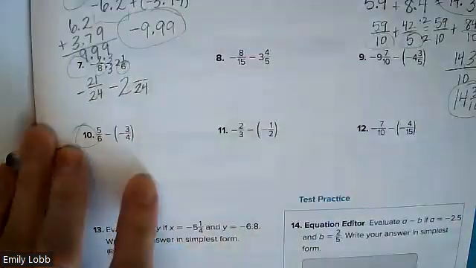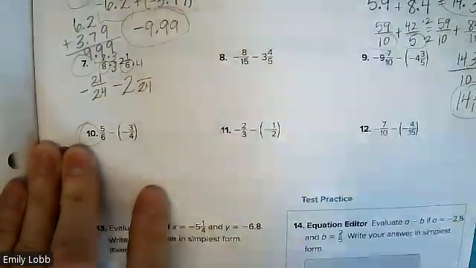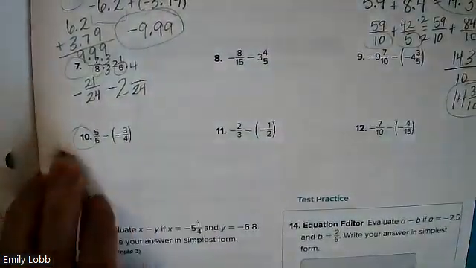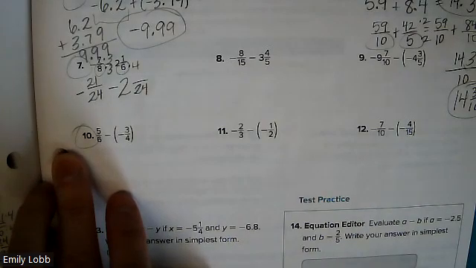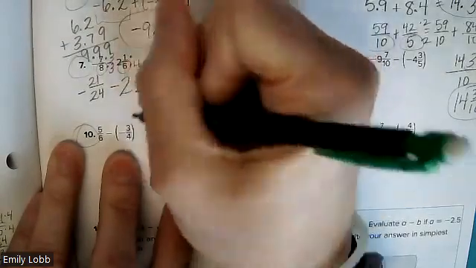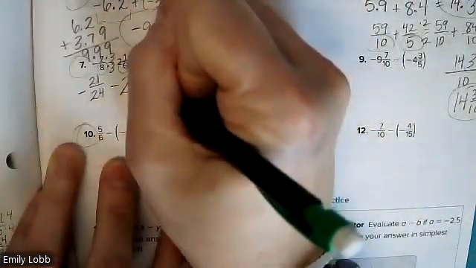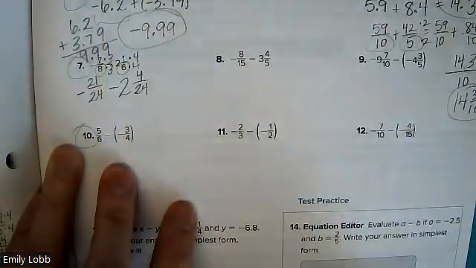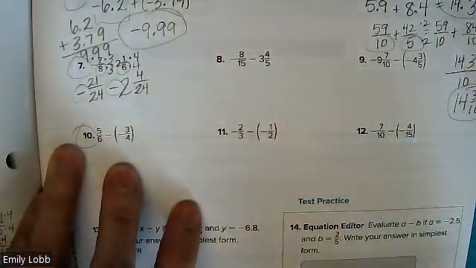We'll keep this as a mixed number for now. 6 times what is 24? 6 times 4 is 24. Guys, if you don't know these right off the top of your head, be sure that you're practicing your multiplication problems. So whatever I do to the bottom, I have to do to the top. 1 times 4 is 4. Now, are my signs the same or different?